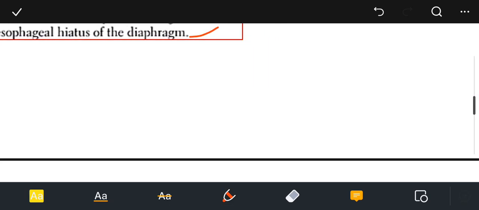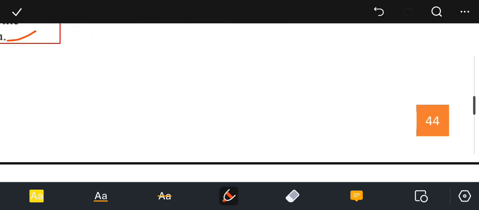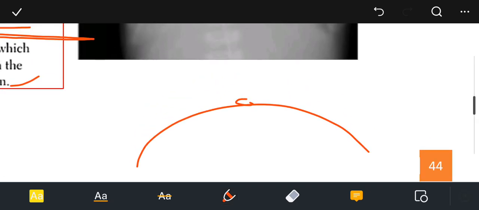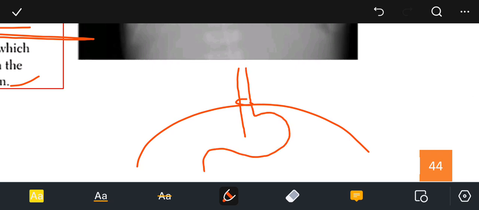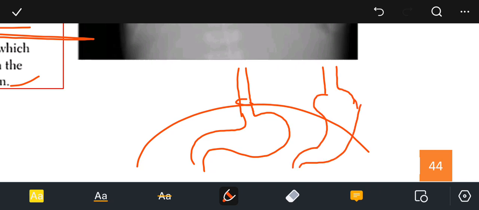We know that the esophageal hiatus is present at the level of T8. Suppose this is the diaphragm, and here we have the opening, and through this opening the esophagus is entering downwards and becoming the stomach like this, right? If this stomach starts herniating upwards, like I am drawing it over here, and the stomach cardia is present over here, this is called a sliding hiatal hernia.